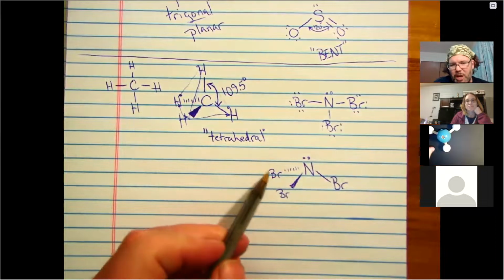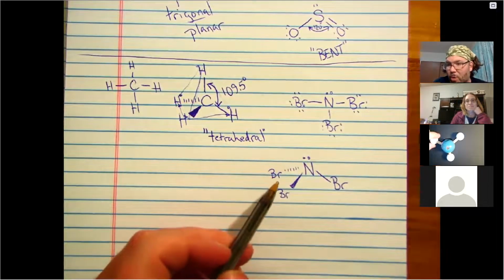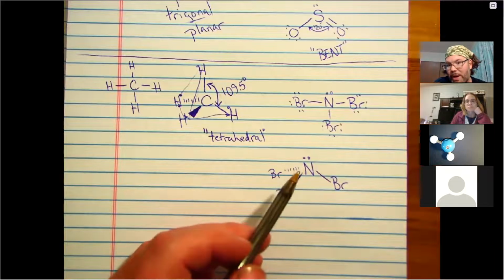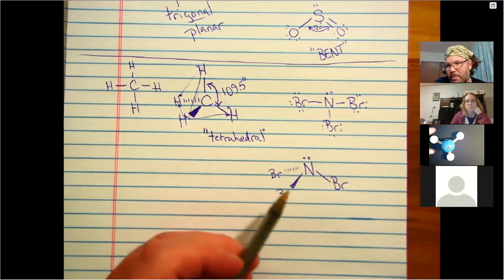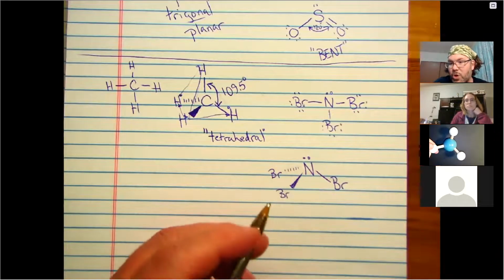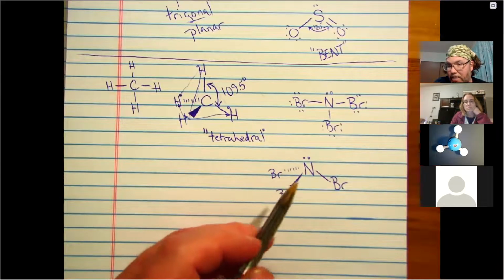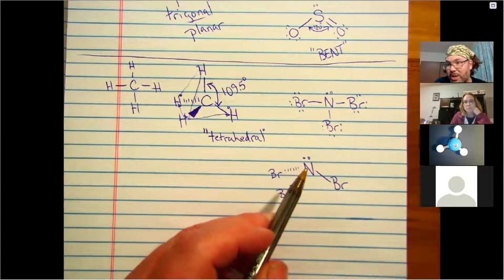Now, how do we name this shape? We can't call it tetrahedral anymore because our 3-dimensional figure does not have 4 sides that are all the same size anymore. The bottom is actually wider than the other sides are. So we name this because it sort of looks like a 3-sided pyramid where nitrogen is at the apex of the pyramid.